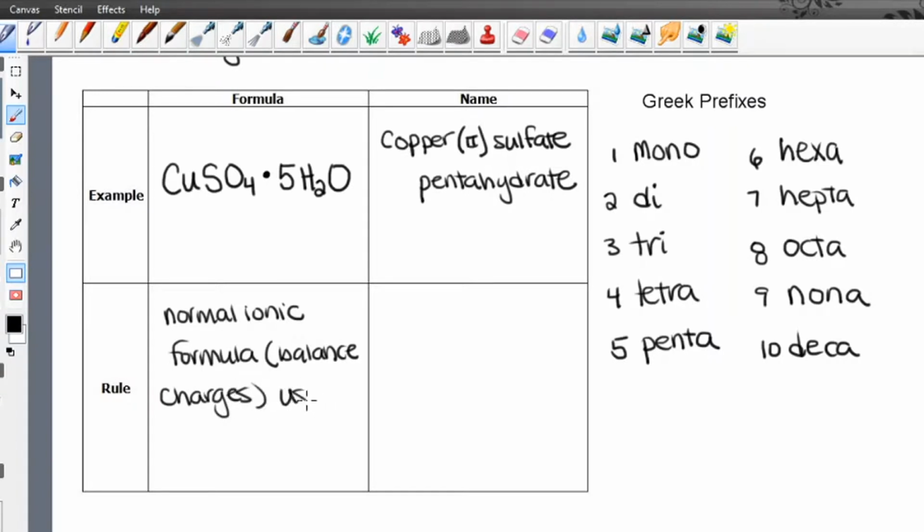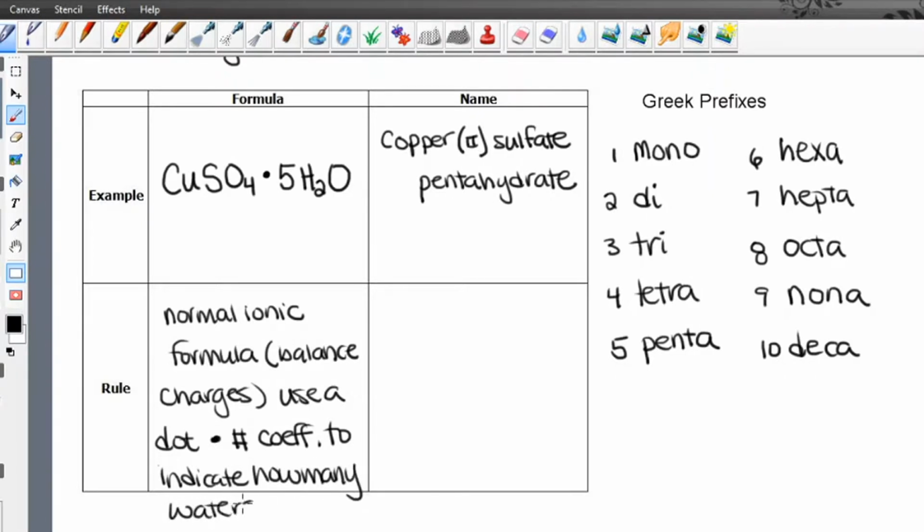And then use a dot and a number or a coefficient to indicate how many waters. So normal ionic formula, balance your charges, and then use a dot with a number, a coefficient, to indicate how many waters are in that compound.